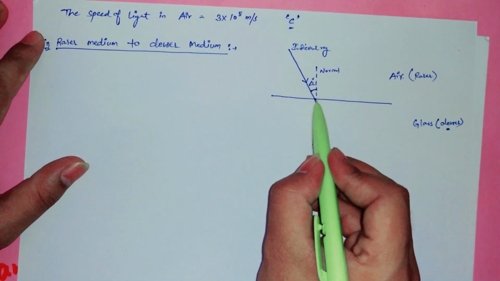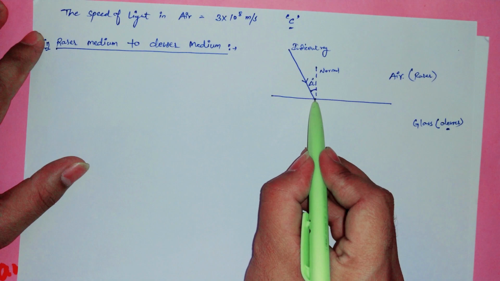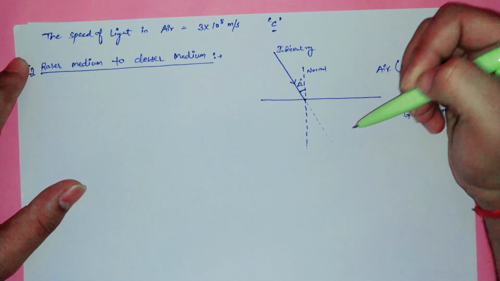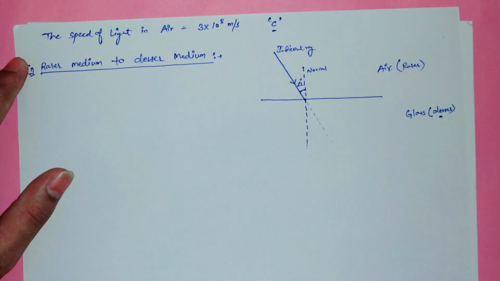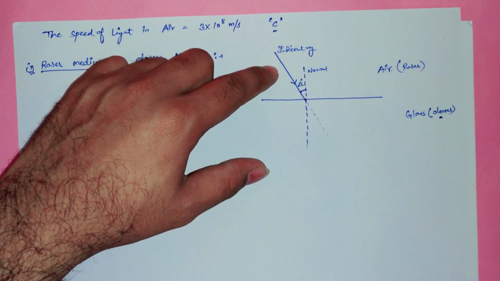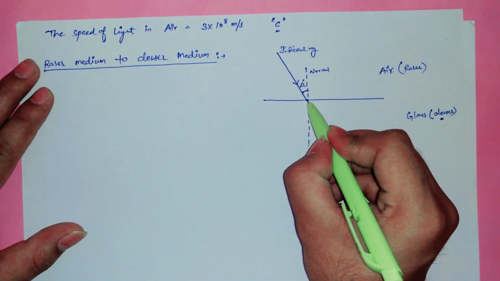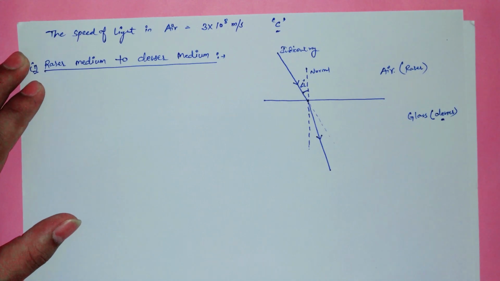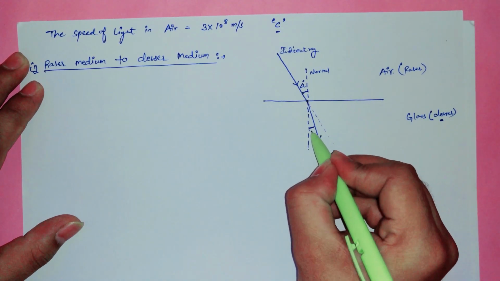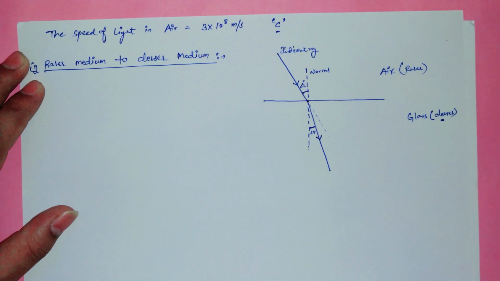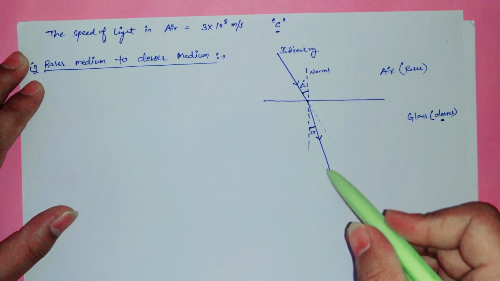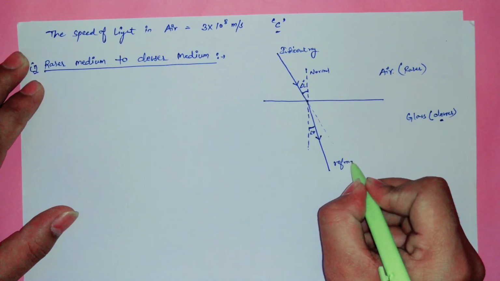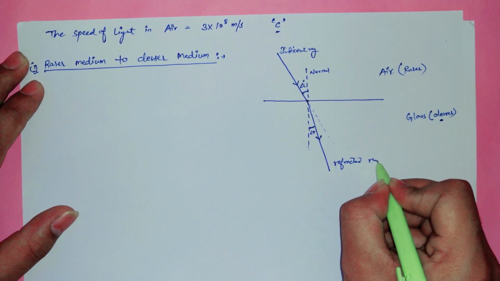If there is no medium, we know that light travels in a straight line, so it should go like this. But since it is going from rarer medium to denser medium, it bends towards the normal. And this is angle of refraction, small r, angle r. So what is angle of refraction? Angle of refraction is the angle between refracted ray and normal.